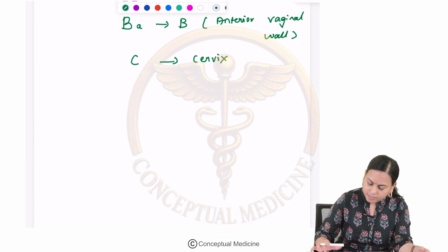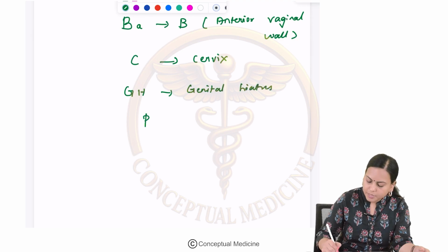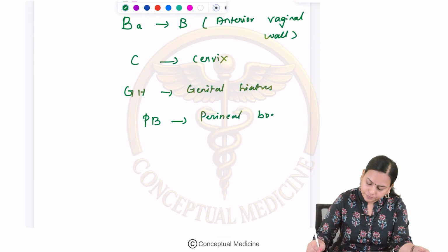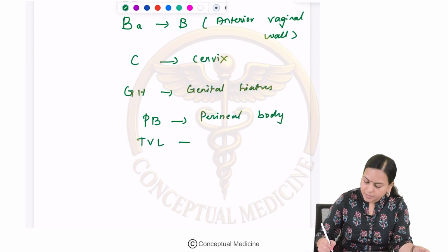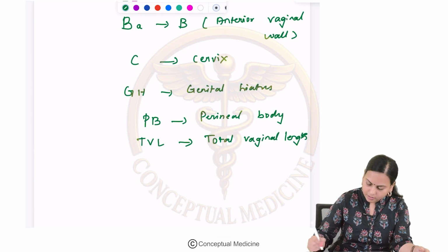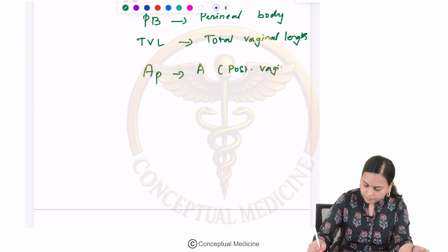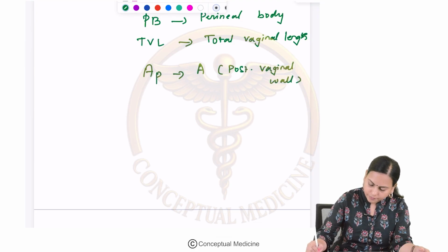And GH means it is genital hiatus. PB refers to perineal body. TVL means it is total vaginal length. Then AP, the same like AA, it is A point that is taken on the posterior vaginal wall.